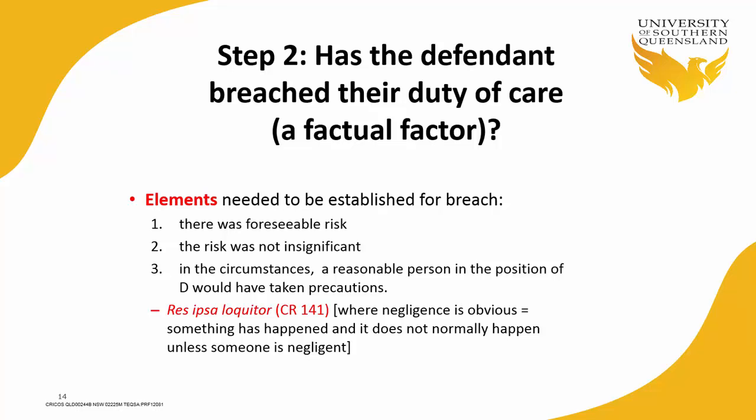It can be used when the plaintiff would be faced with difficulty in furnishing direct evidence of negligence because they were under the control and management of the defendant at the time the injury took place. So it's a shortcut, if you like, to argue that the damage that was suffered would not have occurred had it not been for negligence on the part of the defendant. You will find examples of res ipsa loquitur on page 142.